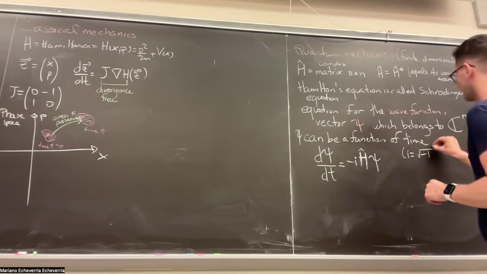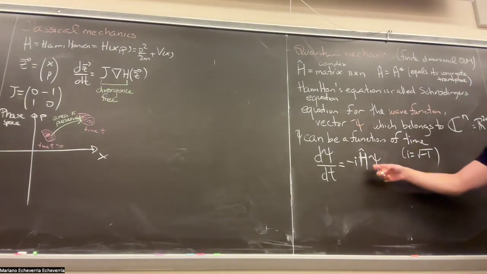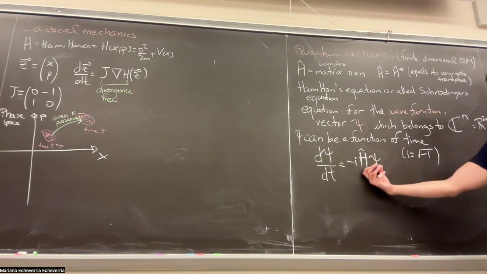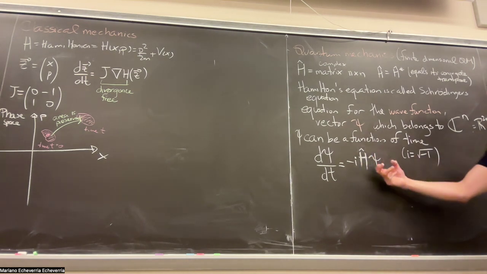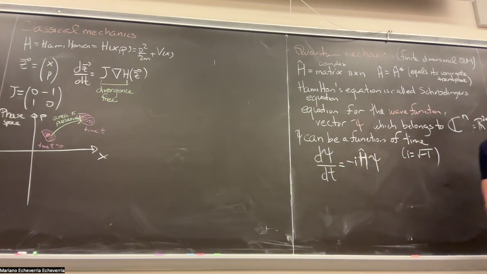Here i is the square root of -1, and whatever you get after doing this matrix times vector multiplication, you multiply by -i.